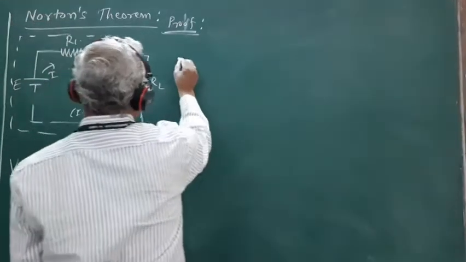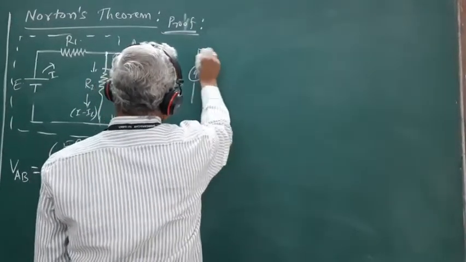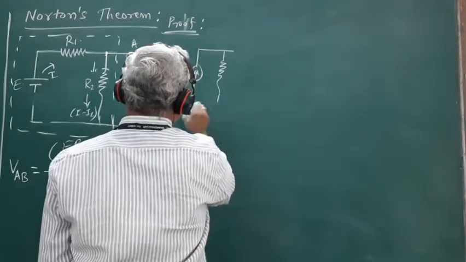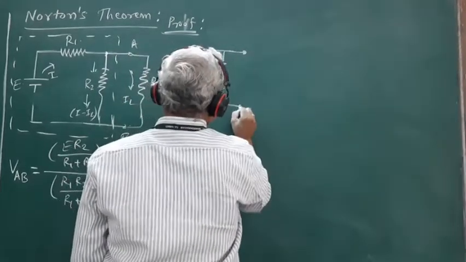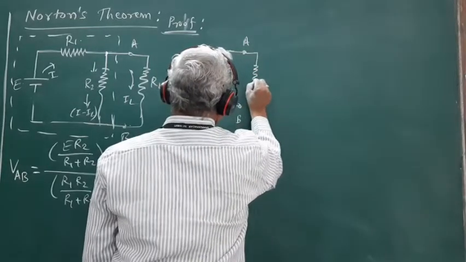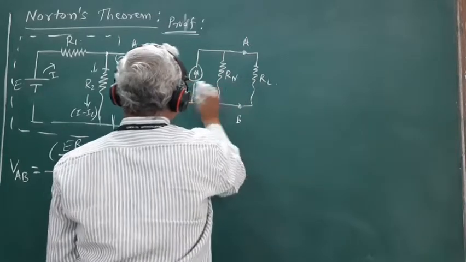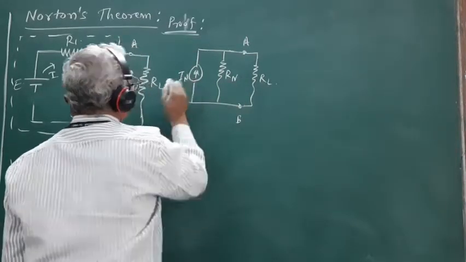So we want to obtain the Norton equivalent circuit for this, and then the RN to the right of the terminals A and B is the load resistance RL.